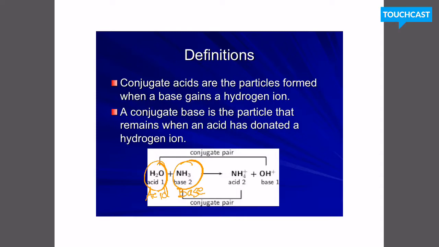So the water, its conjugate base, because it is behaving like a base in the backwards direction, is the OH. So this guy right here is your conjugate base. And then this guy right here, because he was made from the base, is called your conjugate acid. So here's the thing that always happens. The acid will make a conjugate base, and the base will make a conjugate acid. They flip, they reverse roles, and that's always true.